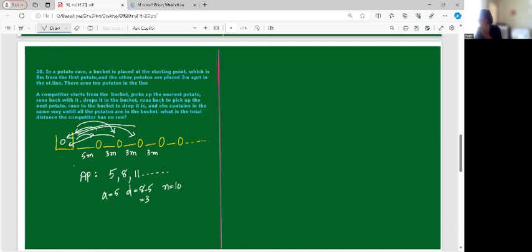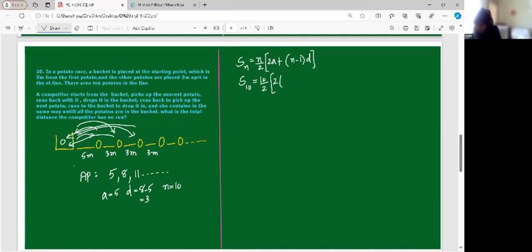Now we use our formula, that is Sn is equal to n by 2, 2a plus n minus 1 into d. So sum of the distance we have to find out now. Already n value is there, 10. This is 10 divided by 2 into 2 into a.